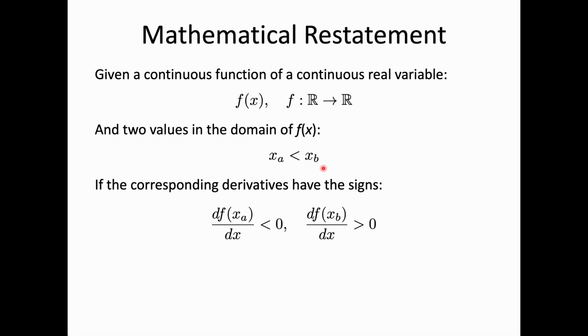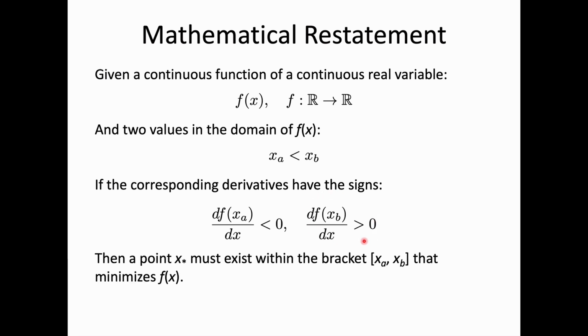And suppose specifically that we have the corresponding derivatives of this function at xa and xb such that at xa the derivative is strictly negative, and at xb the derivative is strictly positive. Then in this case there is a point x star that must exist within the bracket xa xb that minimizes f of x.